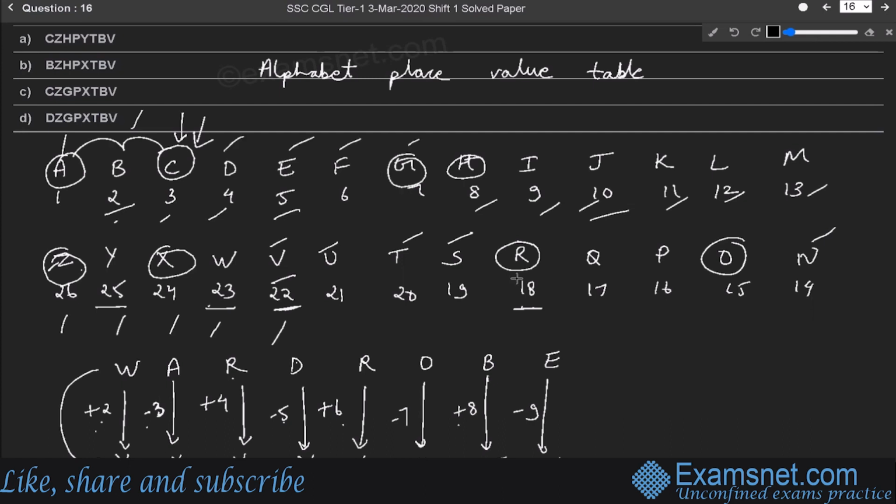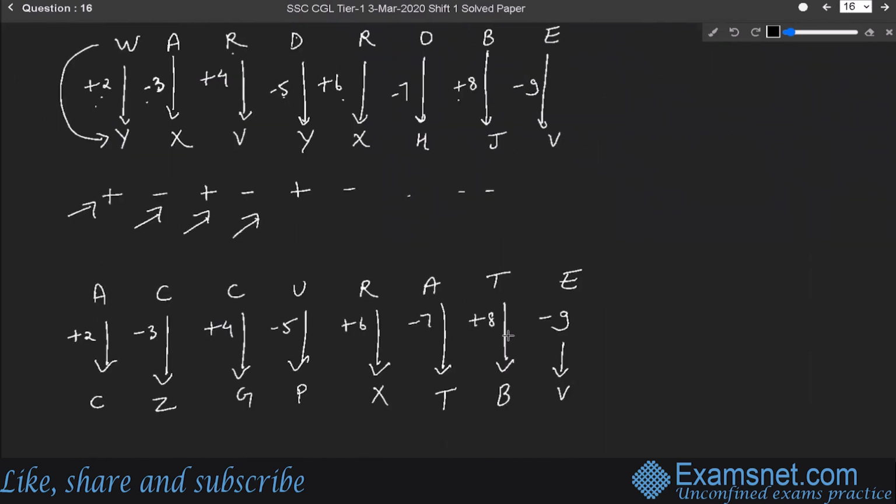So it gives G. Then U minus 5. U is present here and -5 means in the opposite direction. So it will be 1, 2, 3, 4, 5. So this is P. U minus 5 is P.